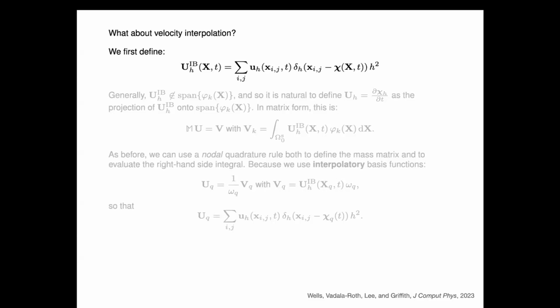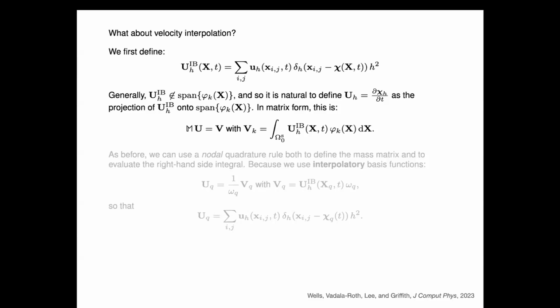So how does velocity interpolation work? For velocity interpolation, we do the same thing, but in reverse. You can think of defining a velocity field, UIB, as the sum of velocities on the grid times regularized delta functions. In general, this velocity field, which is a nice continuous velocity field because our regularized delta functions are continuous, is not something that you can exactly represent using the finite element basis functions.